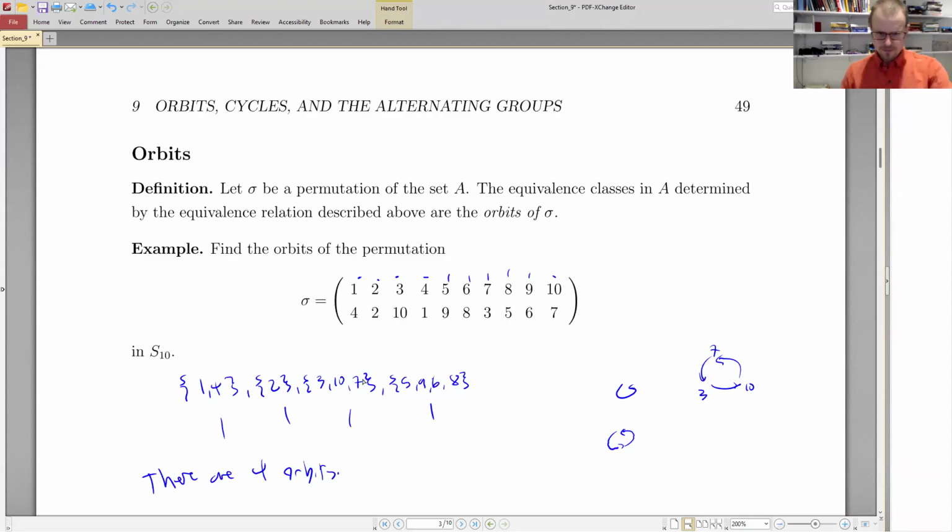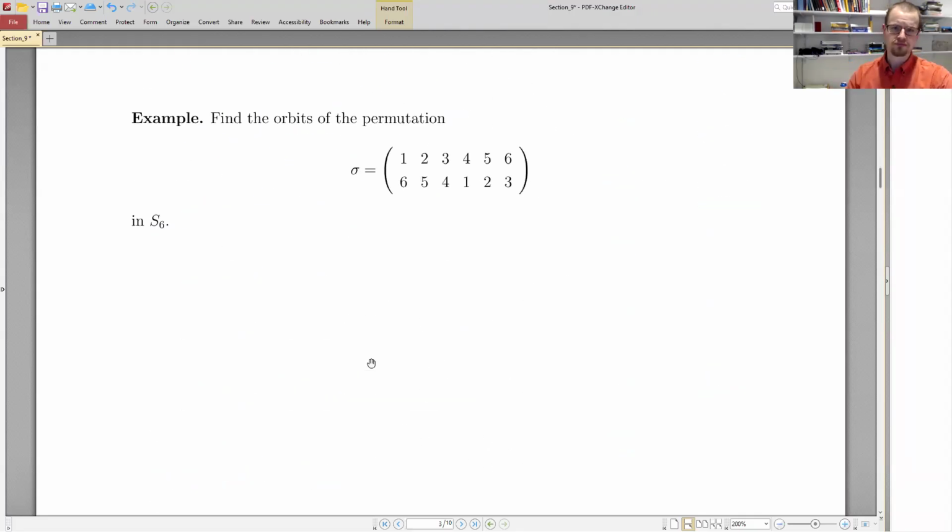All right. So in S6, the numbers 1 through 6, we want to find the orbits for this permutation. So 1 is related to 6, 6 is related to 3, 3 is related to 4, 4 is related to 1. So that's the end of that one.